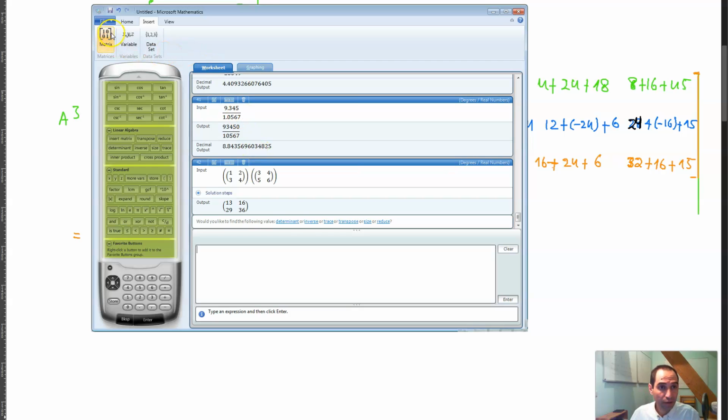Then you can say that I want to insert a matrix of order, for example, 3 rows and 3 columns, and it will give me a calculator like this.